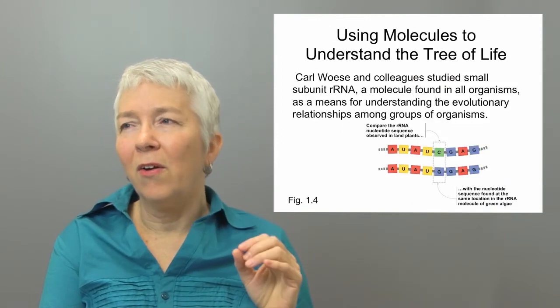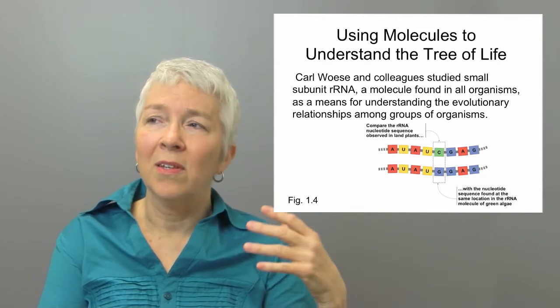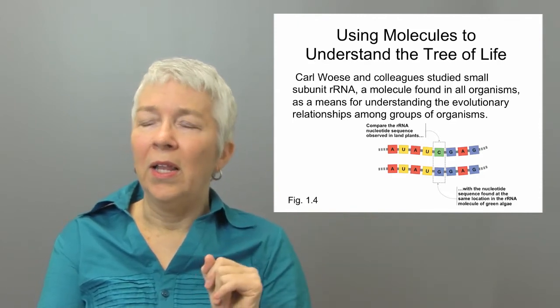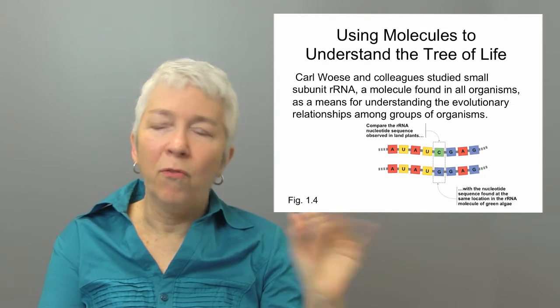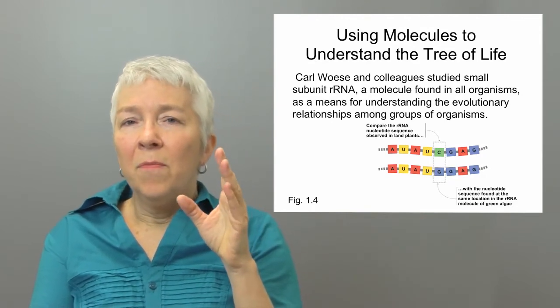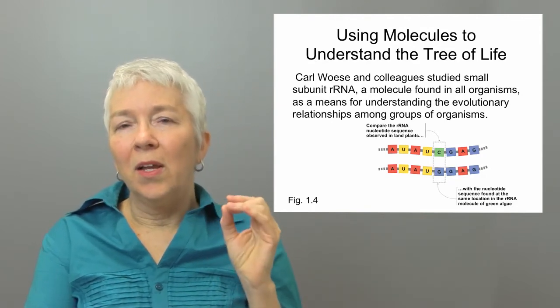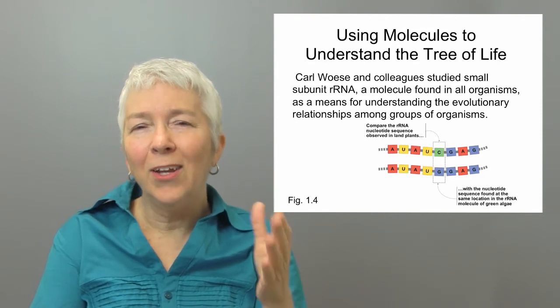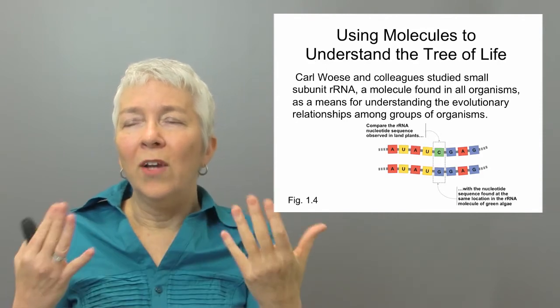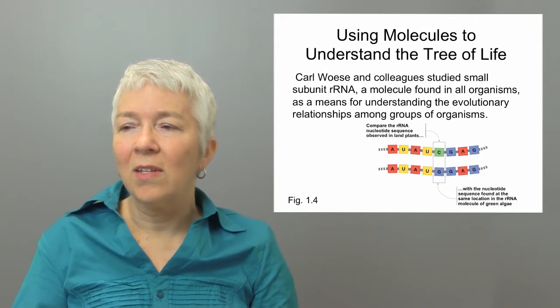So instead of considering characteristics such as presence or absence of hair or mammary glands or aspects of bone formation, with the advent of different kinds of molecular techniques, it was possible to use molecular characters to look at shared characteristics.